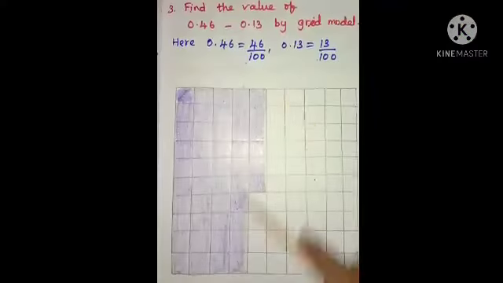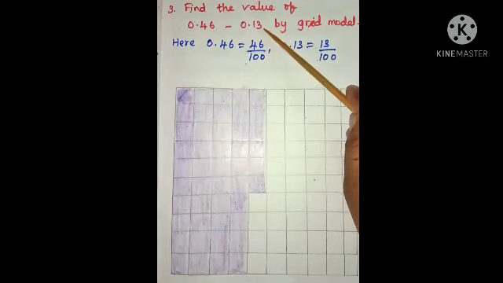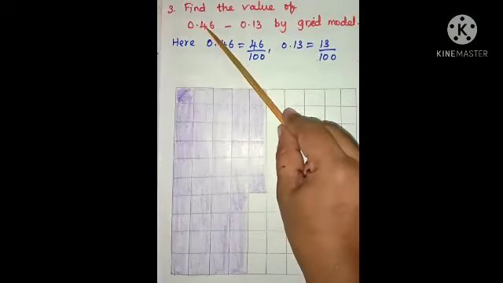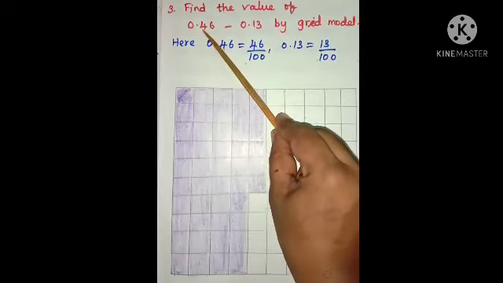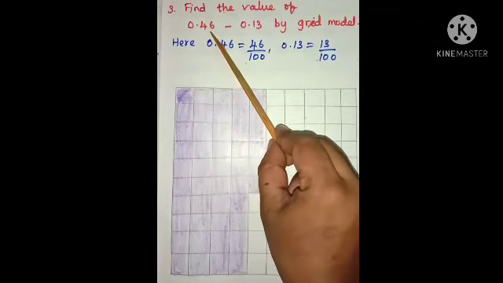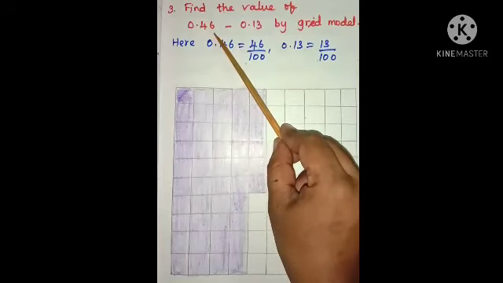Find the value of 0.46 minus 0.13 by grid model. Children, grid model means the number of squares. Here the decimals go up to hundredths, so we need a grid of 100 squares.